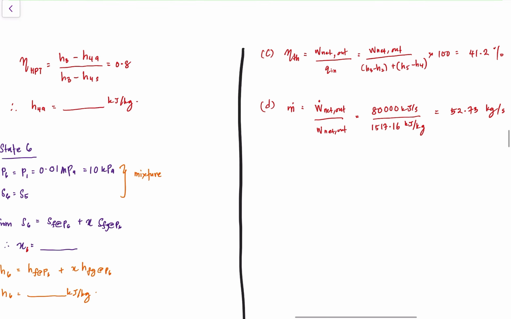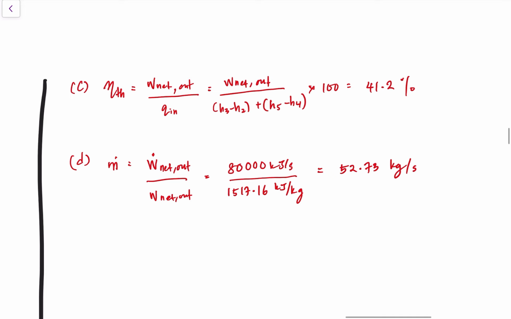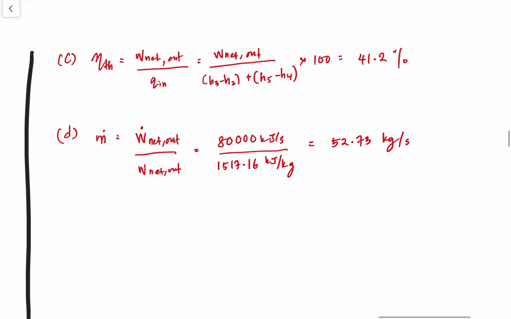Right, so once you have substituted all the necessary values, then you are going to get the answer, which is 41.2%.